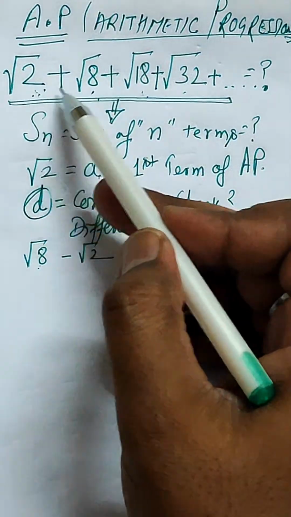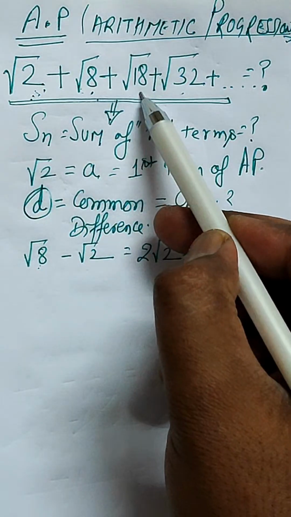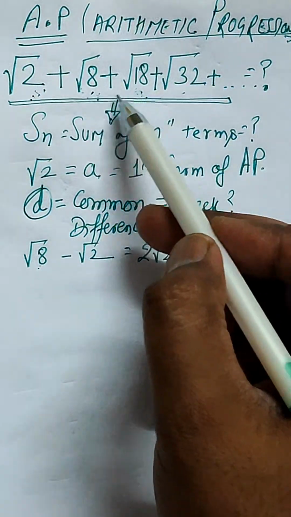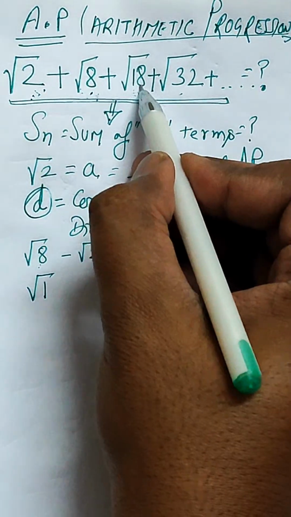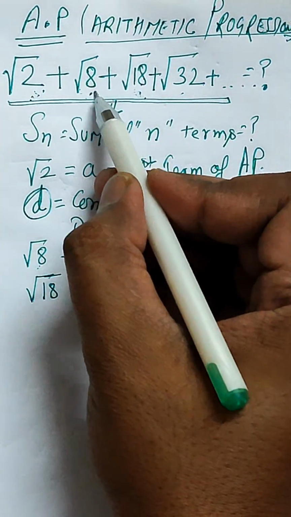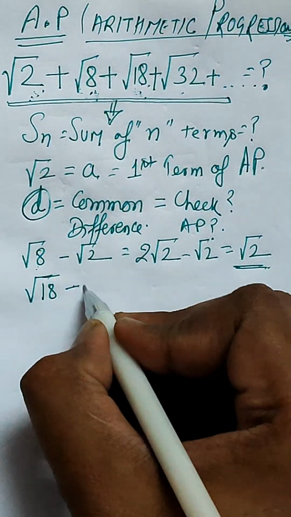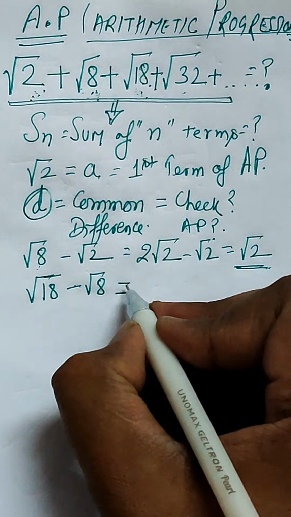So when we checked for these two terms, now check the second common difference, to verify whether this is AP or not. We will take the third term and subtract the second term from it.